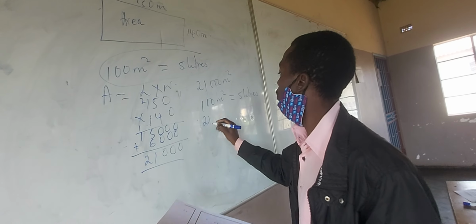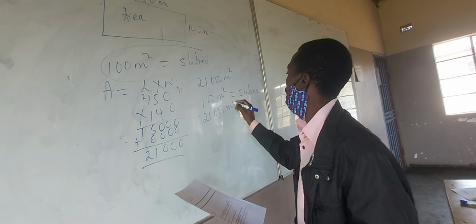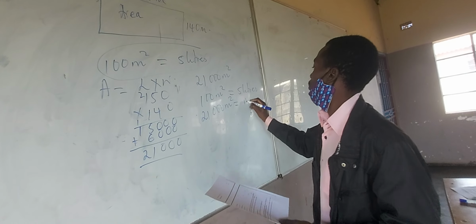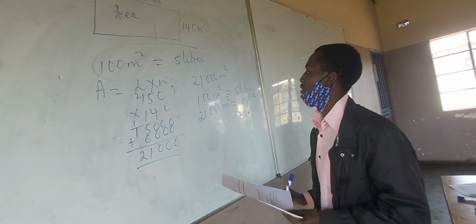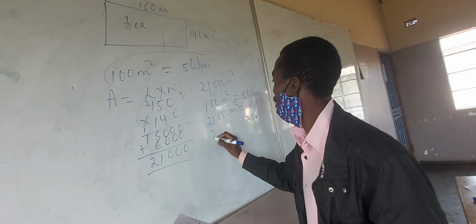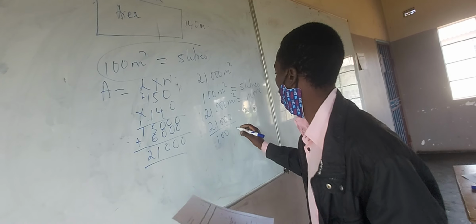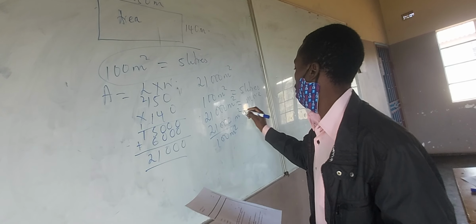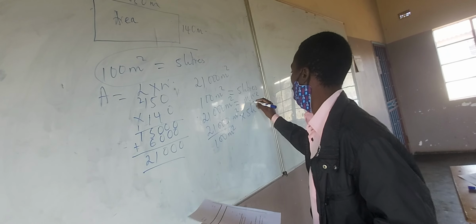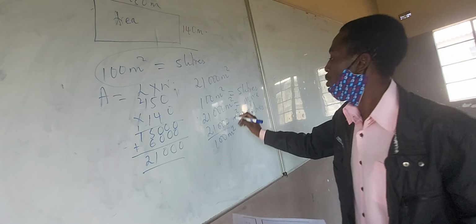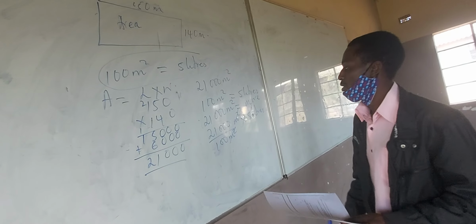What about 21,000 square meters? So we say more here, right? If it is more, then we say 21,000 over 100 square meters multiplied by 5 liters. So square meters and square meters will cancel each other.